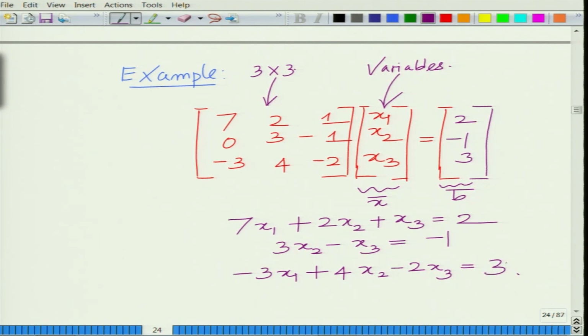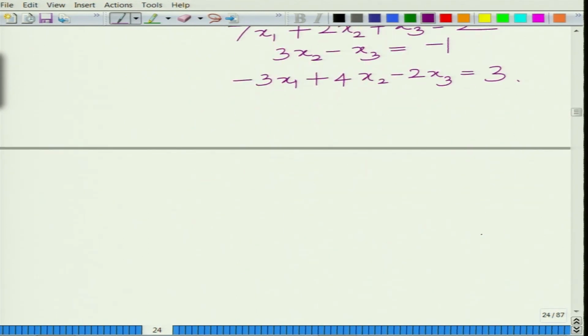These are the equations, and the solution is given as A inverse b, and we have already calculated A inverse in the previous module.